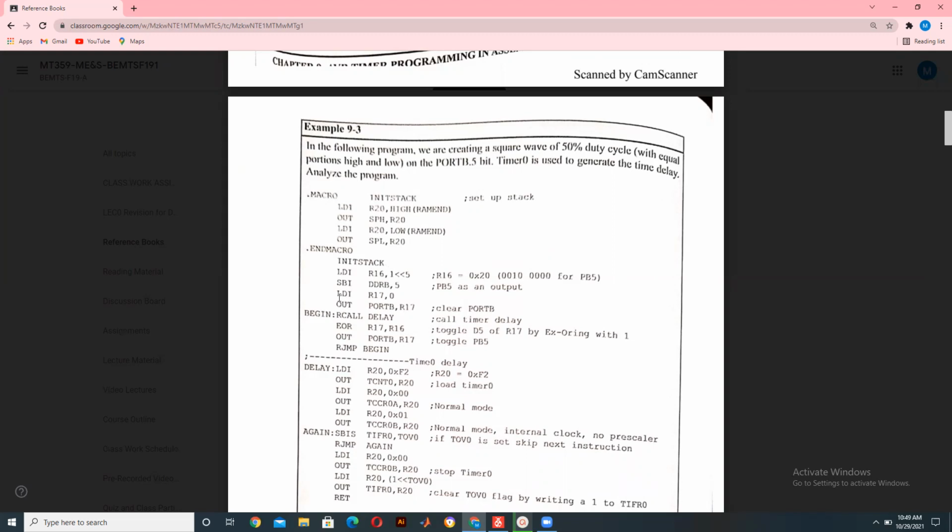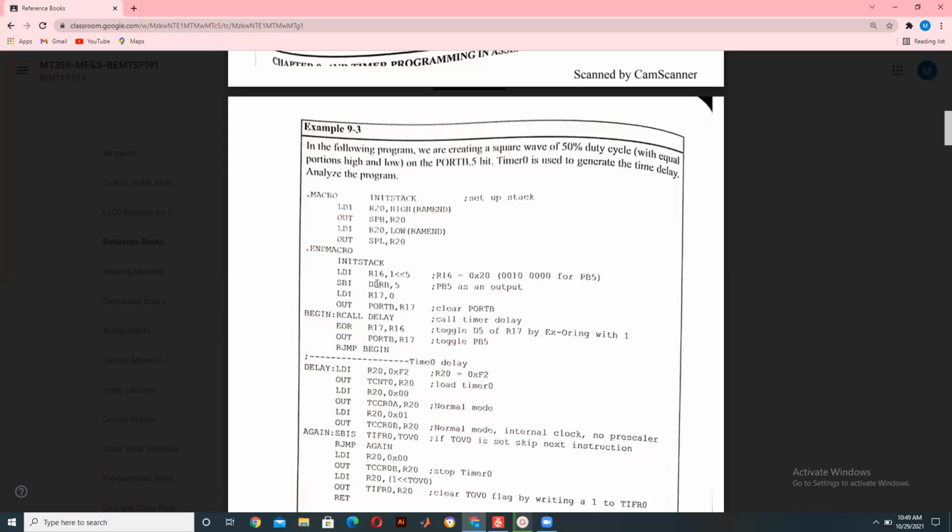Then we would be initializing the registers. R16 would have the value of 1 shifted left by 5, so it has the value 1 shifted by 5.